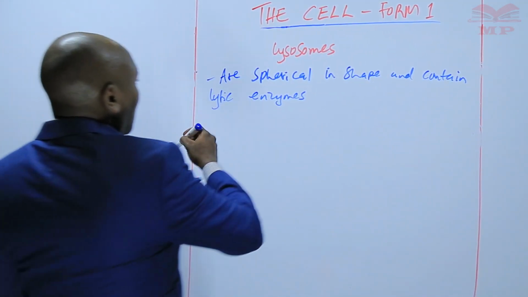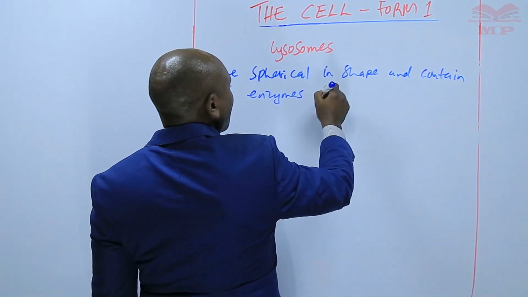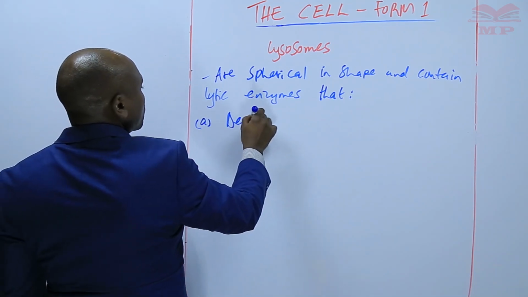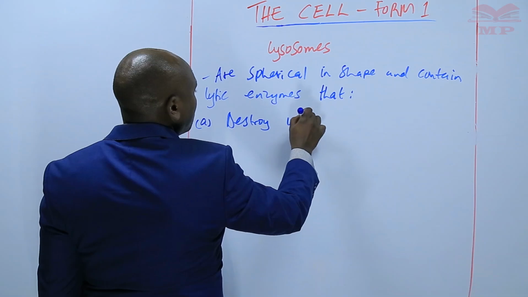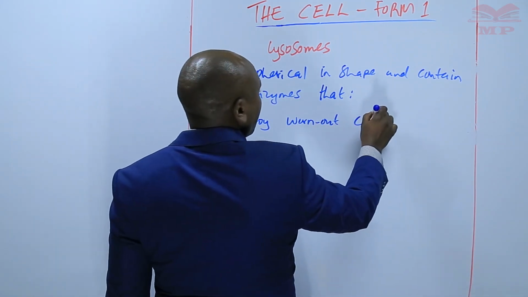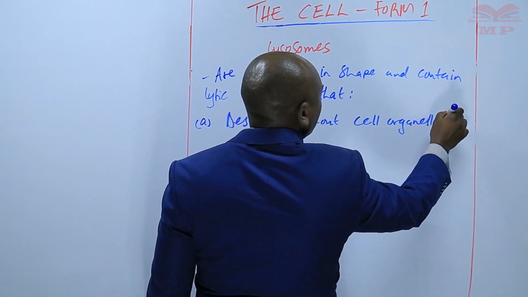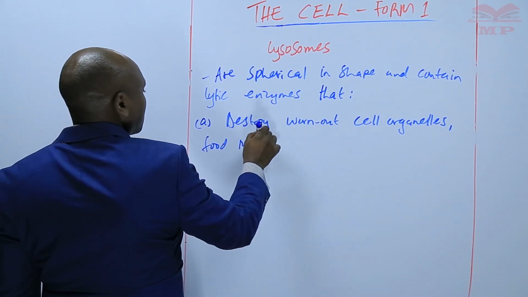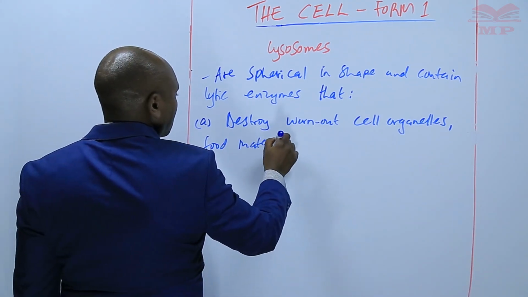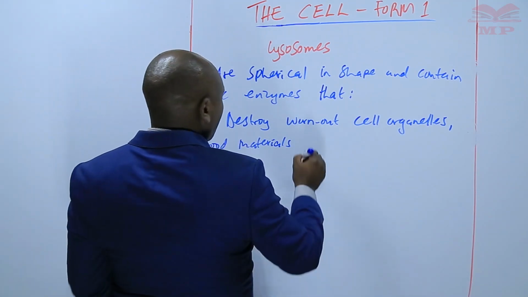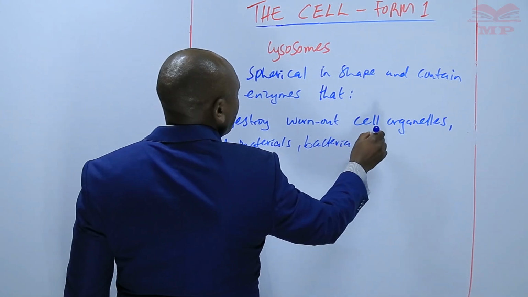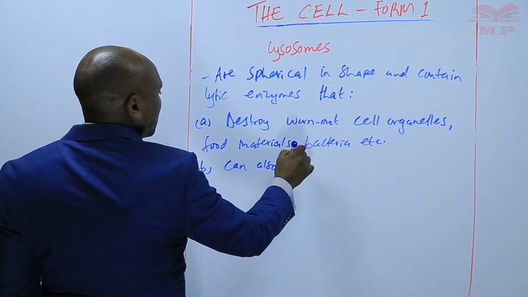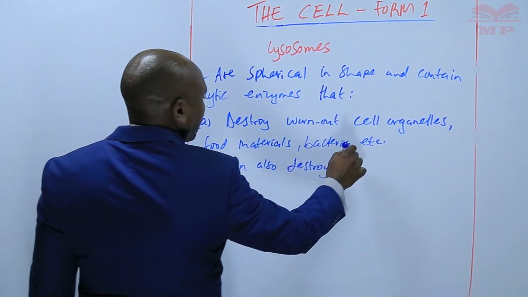So basically, we are saying they are spherical in shape, contain lytic enzymes that destroy worn out cell organelles, food materials, bacteria, etc. They can also destroy the entire cell.